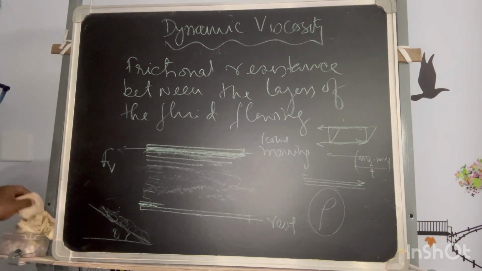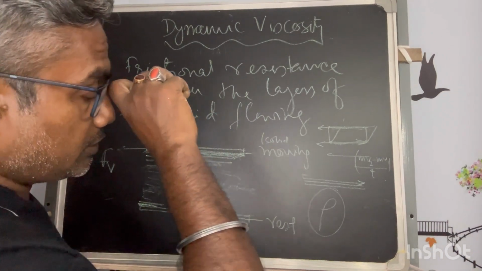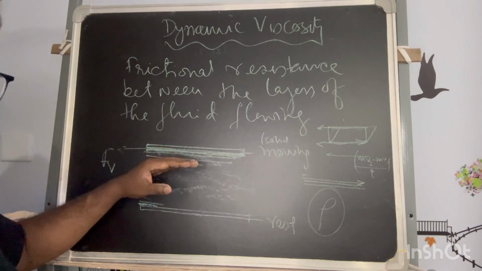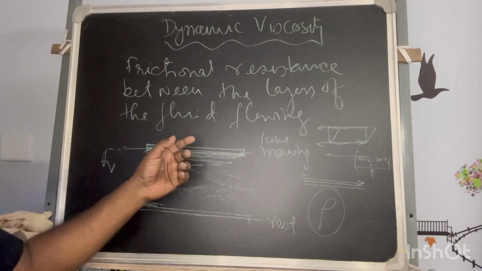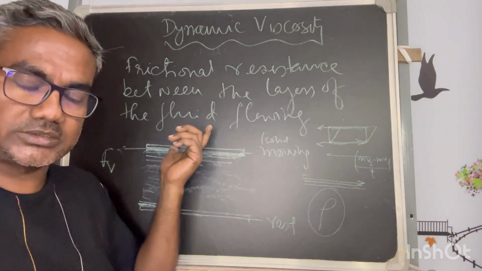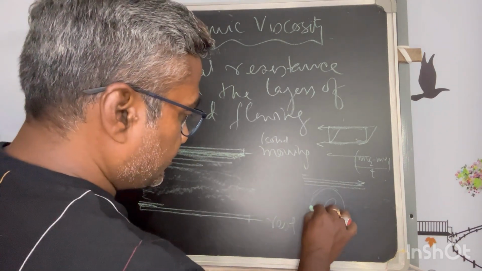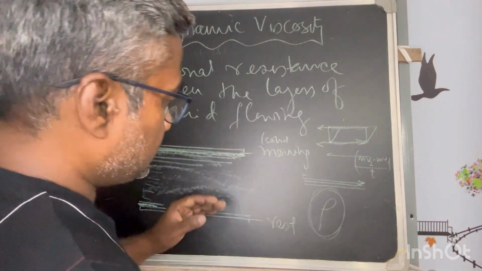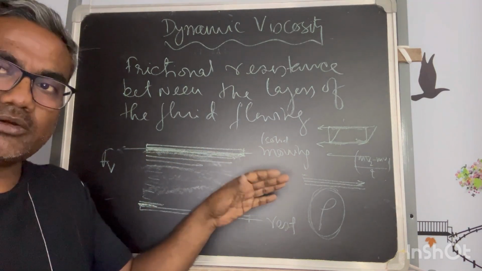So the more the density, the lesser the velocity of the layer which is in contact with the moving surface. That means the fluid having higher density will not get much velocity with the moving part, it will slow down easily.